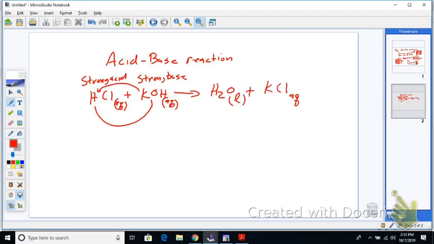Now, on a very rare occasion when you look at your solubility charts, you could get a solid out. I'll show you that later this week. This is just a double displacement. This is called a neutralization reaction. This is neutralization taking place.